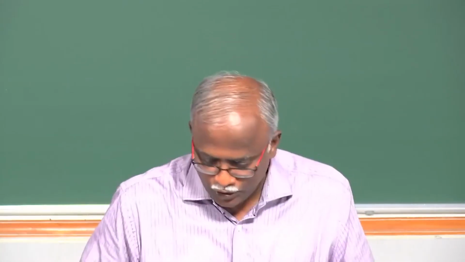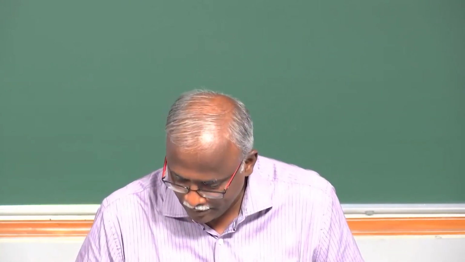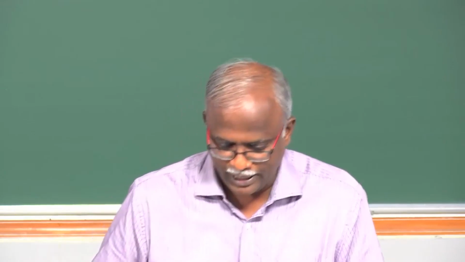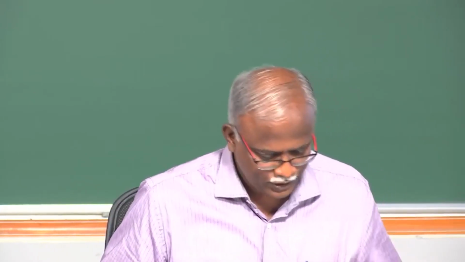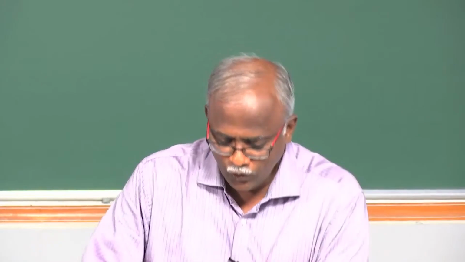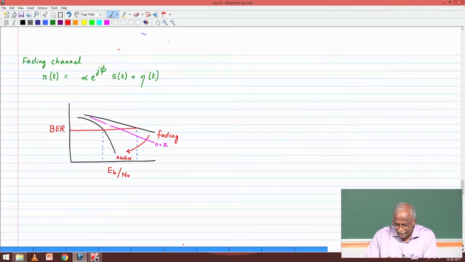Good. We move on to the other elements that we want to cover in today's class. Now, another aspect that I wanted to highlight to you is the notion of the change from AWGN to fading. And as we mentioned in the last class, the goal of wireless communications is to see if we can move the fading BER performance to the AWGN performance.